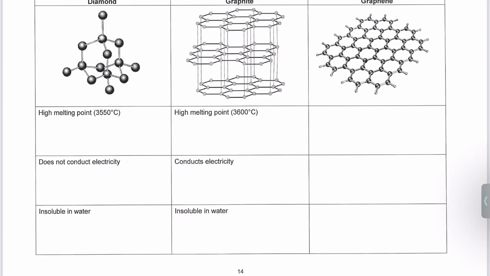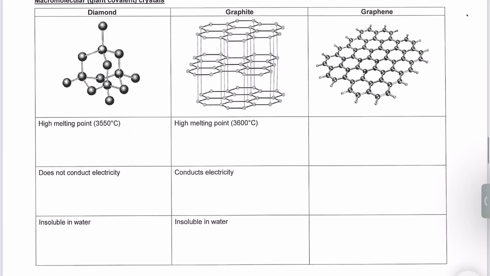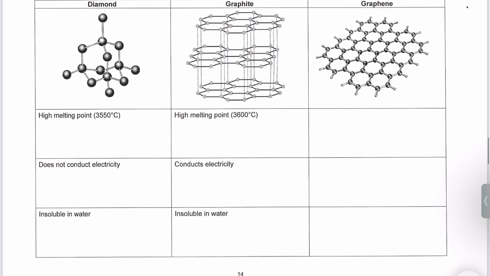So now what we're going to do is look at the macromolecular substances, the giant covalent substances: graphite, diamond and graphene. As well as these three, there's also silicon and silicon dioxide, which would have exactly the same properties. What's our structure here?